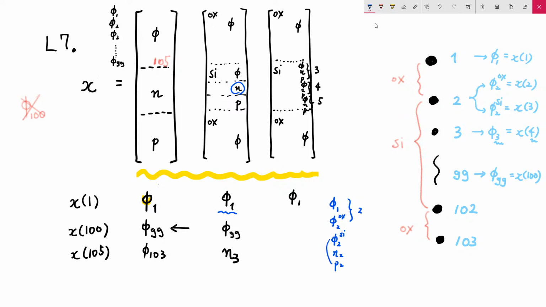Now we assign three unknown variables for each of our points, like the second point. Then let's consider 100. This number 100 is given by 2 plus 3 times what?